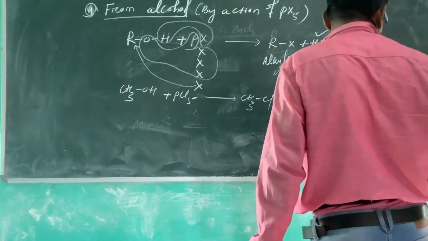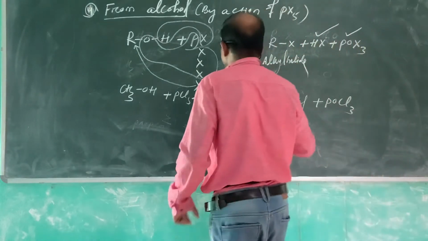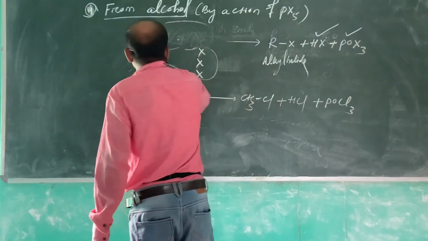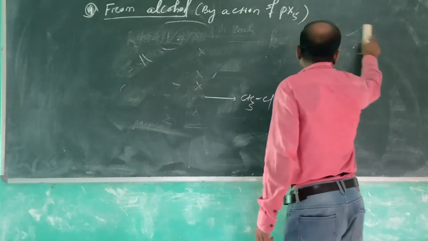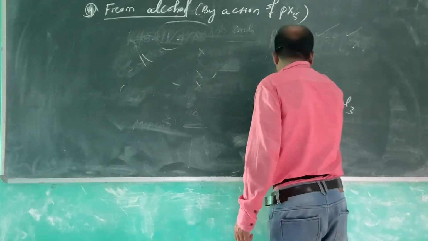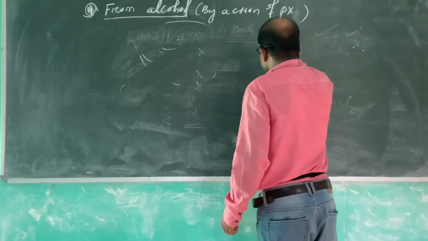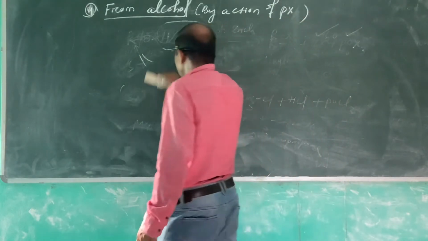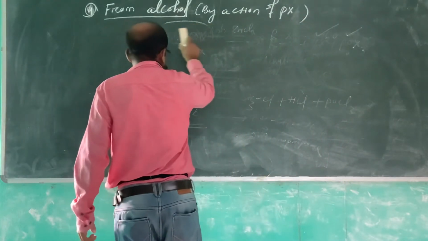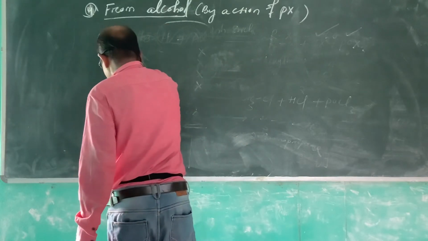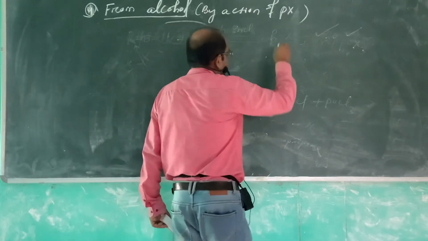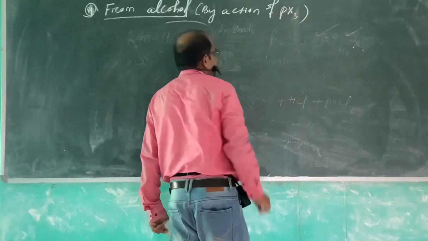Next come to the preparation of monohaloalkane from alcohol by the action of PX3, phosphorus trihalide. You know that phosphorus can exist in two states, in a pentavalent state and in a trivalent state.